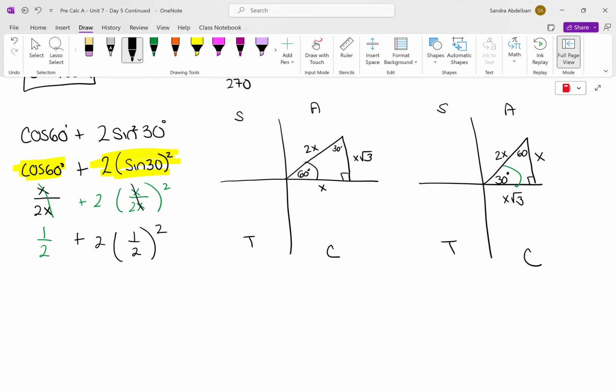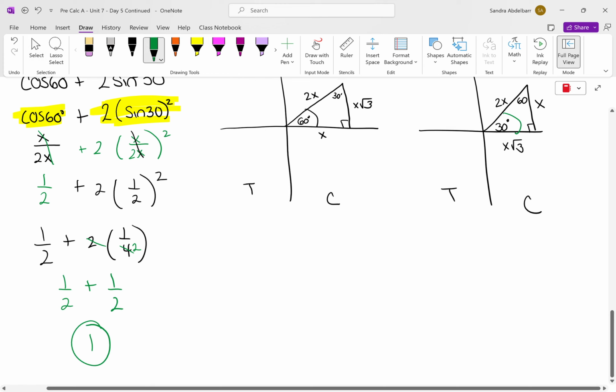And once again, the x's cancel. So now I have 2 times 1/2 squared. We square the half, so now we have 2 times 1/4. So 2 goes into 4 twice, so now I have 1/2 plus 1/2, which gives us 1 whole as our answer.